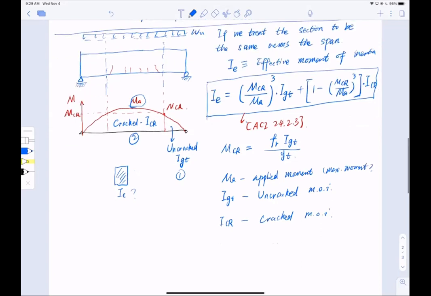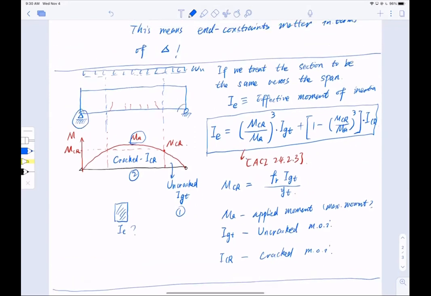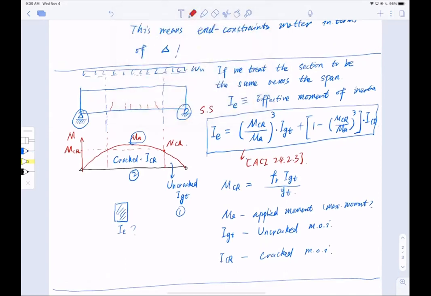But now, this is for what? This is for a simply supported condition.